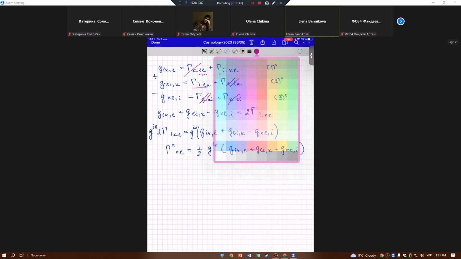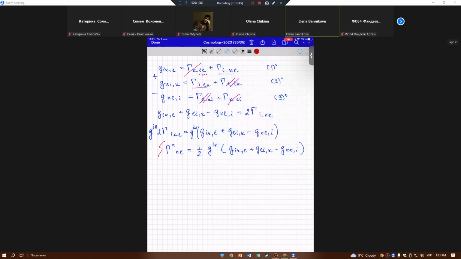So finally I obtain, it's already 20, okay, I obtain the expression for Christoffel symbols through the metric tensor, which is very important to use in the future to work with a metric.